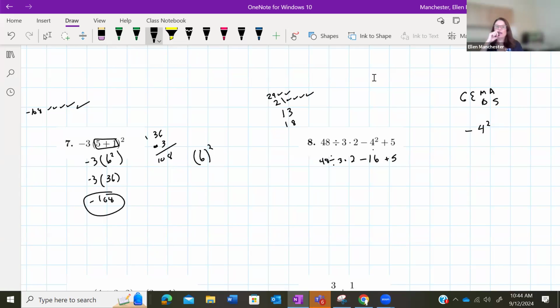All right, what do we do next? Okay, because we're looking at this left to right, the only thing left is adding, subtracting, multiplying, dividing. So we're looking left to right and we see the division first. So what's 48 divided by 3? 16, good.